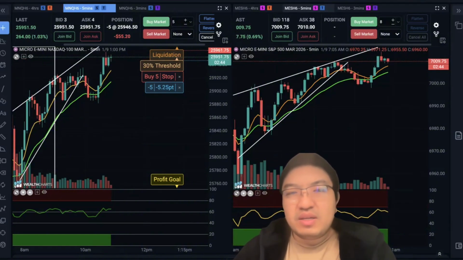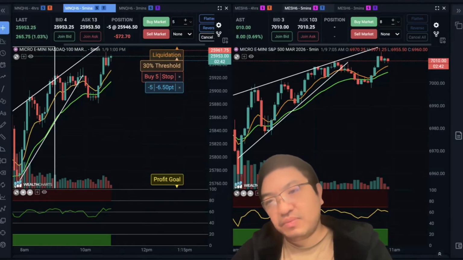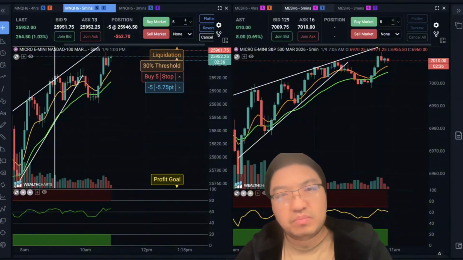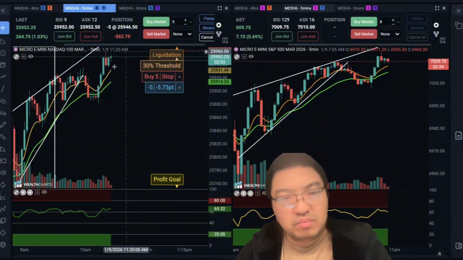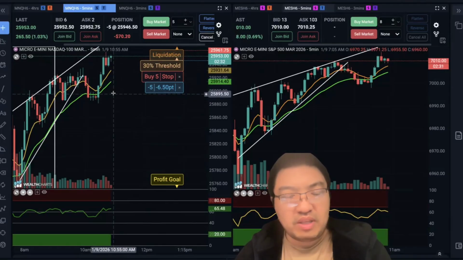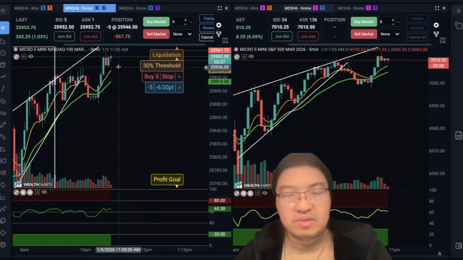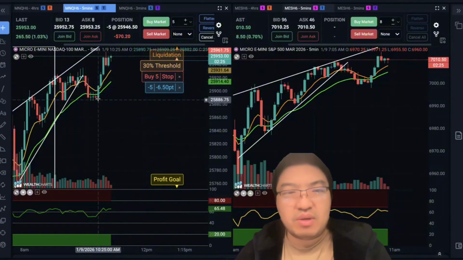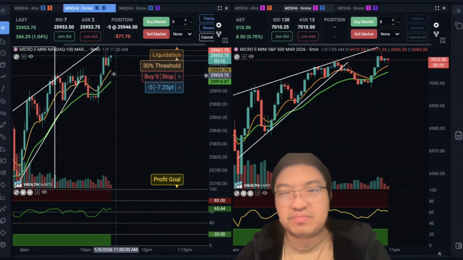Still sideways. But it's just too many unhealthy stretches. You can perceive the chart as a very strong upward momentum, but as I said, this is 5 minute and it's not healthy. It's so much fair value gap.